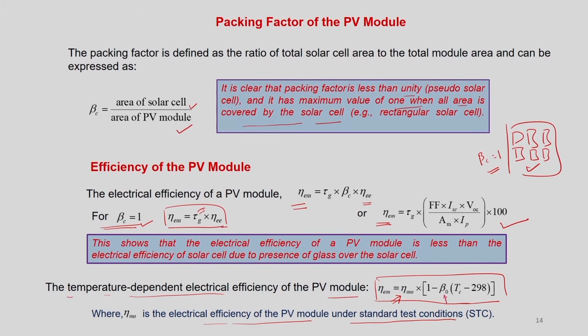And this is the temperature coefficient eta B naught, and this expression shows that the electrical efficiency of the PV module is less than the electrical efficiency of the solar cell due to the presence of the glass cover. Okay. So, this is the reason why we cannot take the efficiency of the cell as the efficiency of the module. Okay. So, we need to consider this transmissivity of the glass.